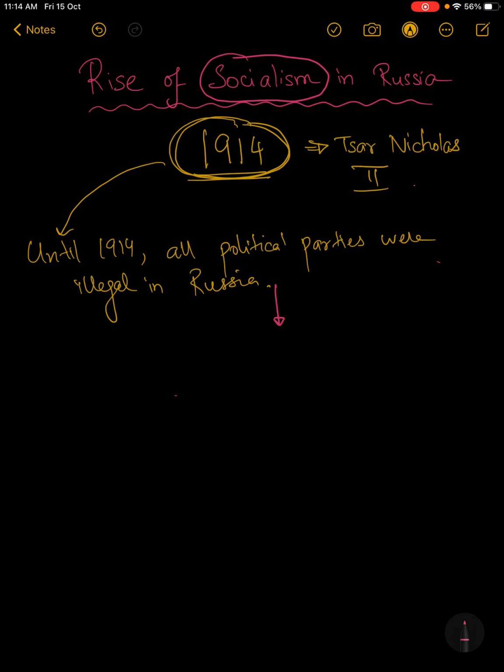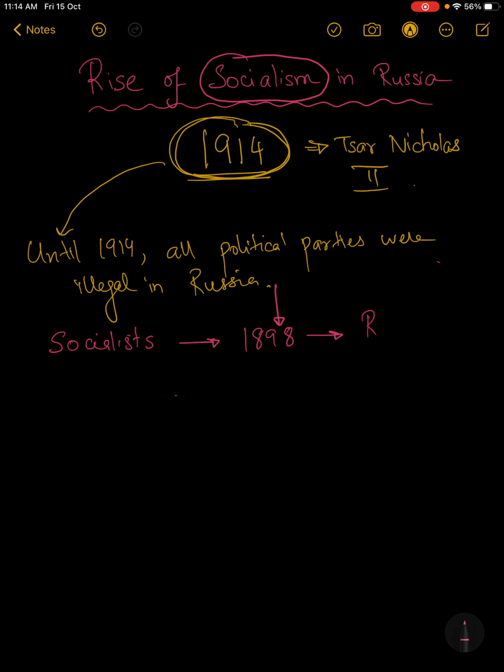However, even though it was illegal, there was no stopping people. A group of socialists got together in 1898, just 2 years before the start of the 20th century, and formed the first socialist workers' party in Russia.